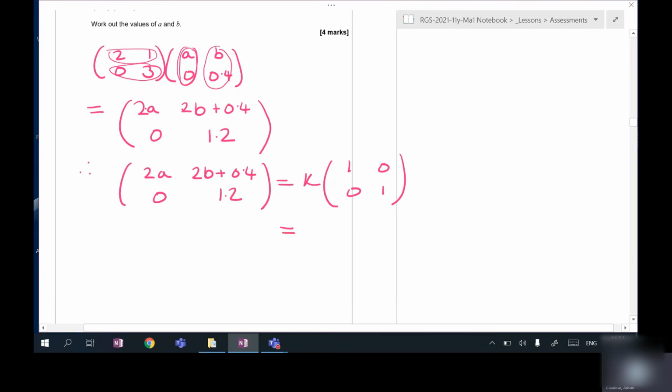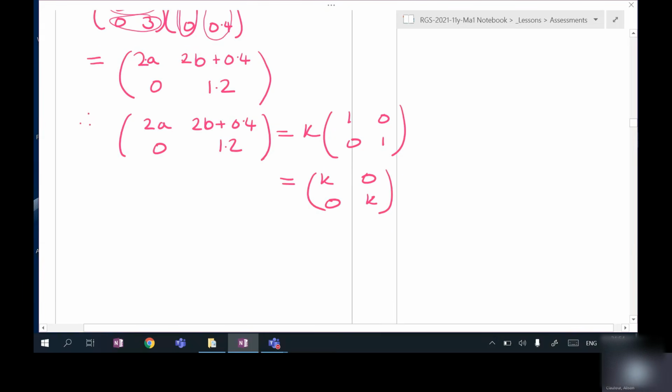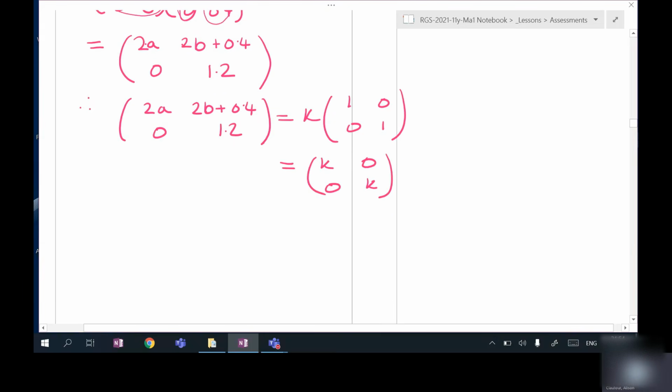So if I multiply that by k, it's the same as doing k 0, 0, k. If I compare these two matrices, I've got my 0 here and my 0 here, and I've also got a k here and a 1.2 here. So I know k must be 1.2.